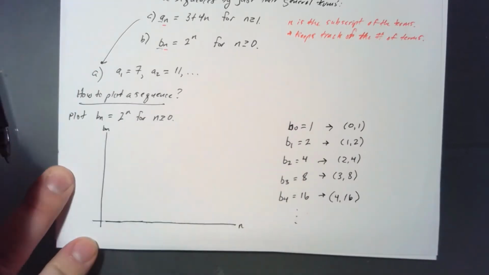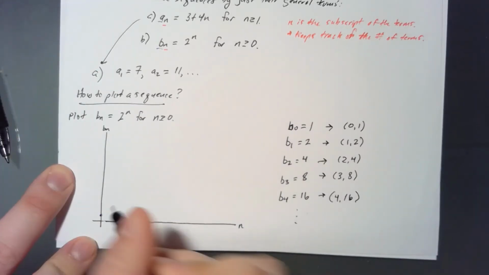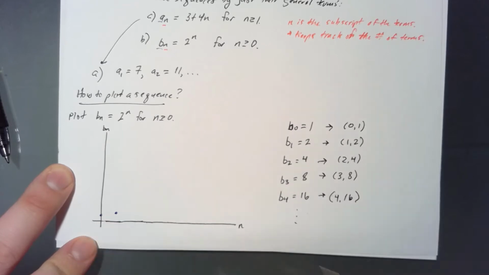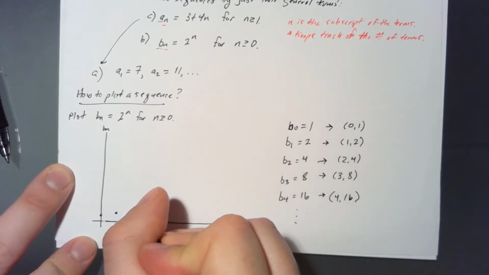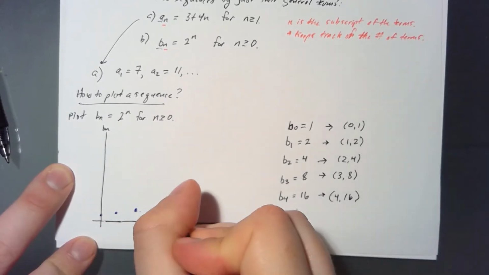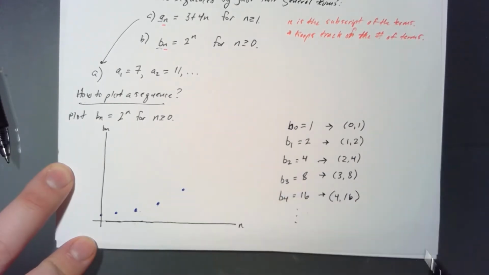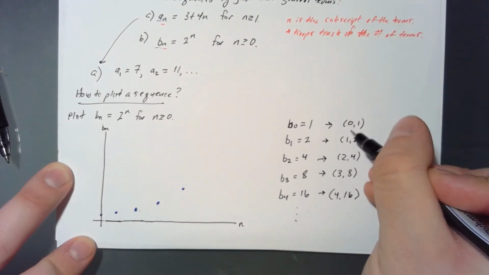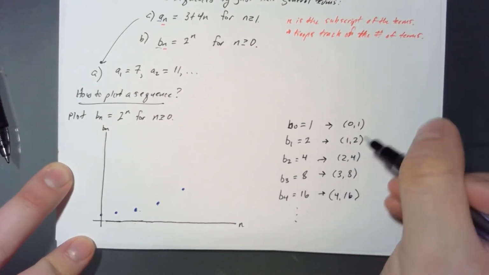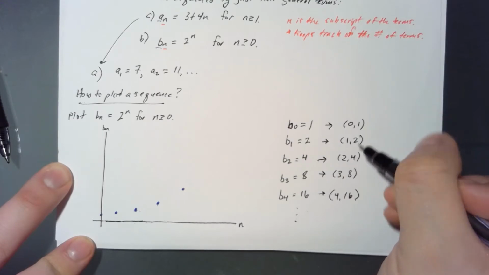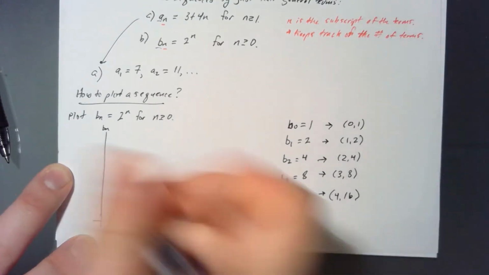So here's (0, 1), here's (1, 2), (2, 4), (3, 8), (4, 16), and you can see as it keeps going on, like this, the first coordinate just goes in increments of 1, but the second coordinate starts getting bigger and bigger really quickly. So this is exponential.